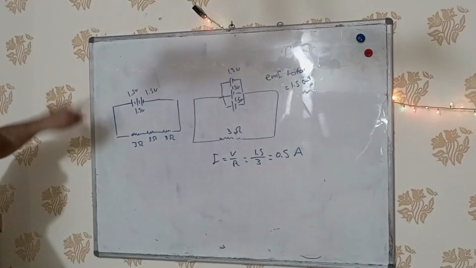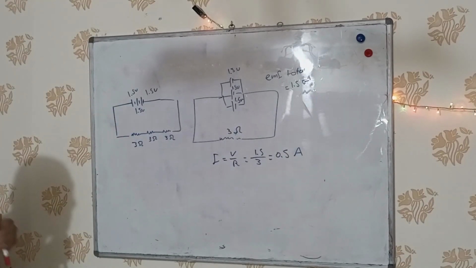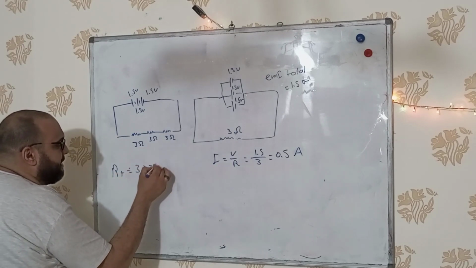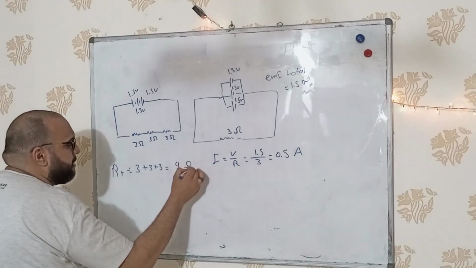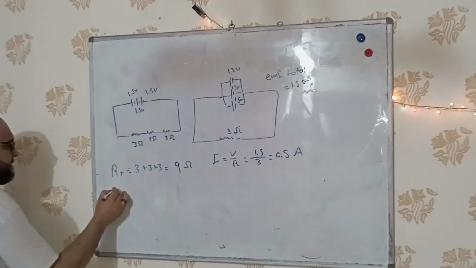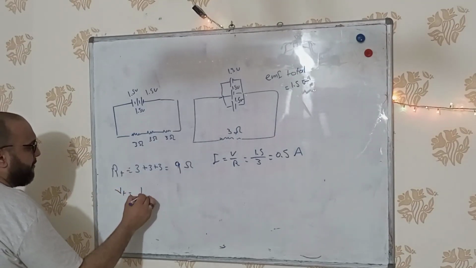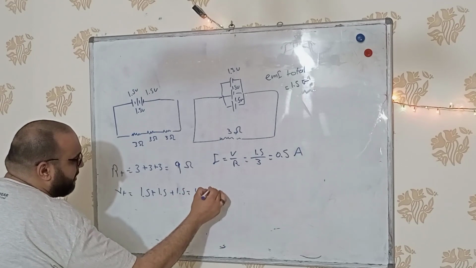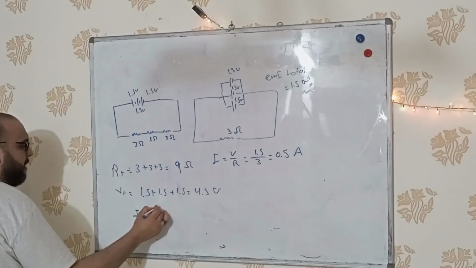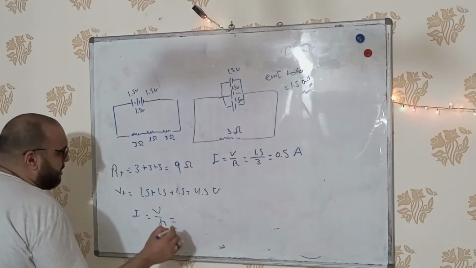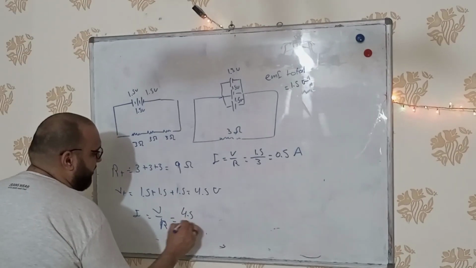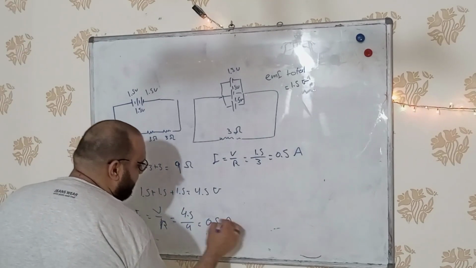In this circuit, the batteries are connected in series, and also resistors are connected in series. So R total is the summation of all resistors. So it equals 3 plus 3 plus 3, which is 9 ohm. There's also batteries. V total or EMF total will be 1.5 plus 1.5 plus 1.5 equal 4.5 volt. I equals V over R, 4.5 divided by 9 will be half ampere.